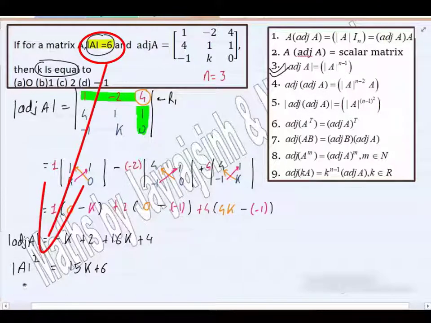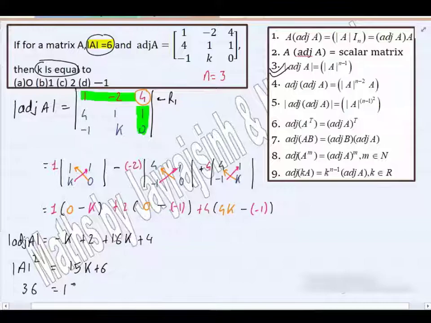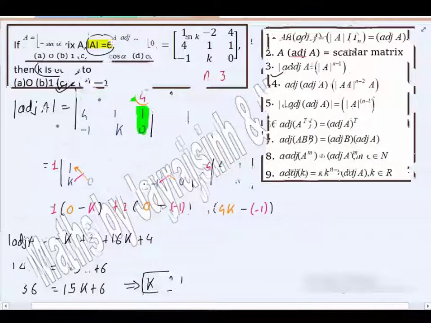So 6 square will be 36 is equal to 15K plus 6, which will give us K is equal to 2. Ta-da! Option C is your final answer.